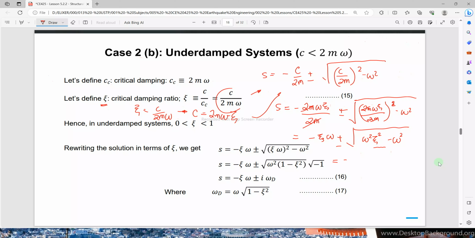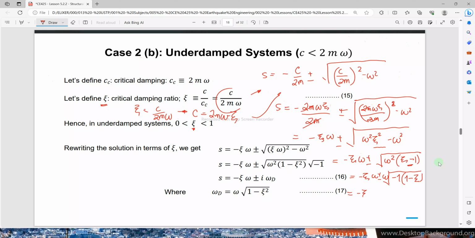We will have negative xi omega plus or minus the square root of omega squared times xi squared minus 1. Since xi should be less than 1 but greater than 0, this will yield a negative result. So the square root of omega squared is omega, and there is a negative 1 here, giving 1 minus xi squared.